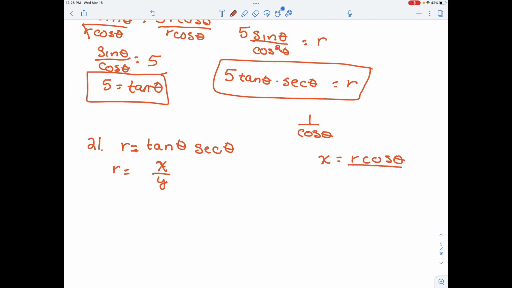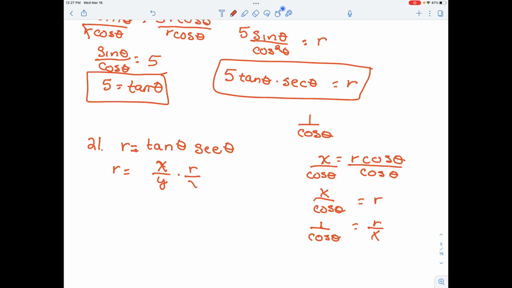So if I divide both sides by cosine, I know that x over cosine theta is equal to r, which means that 1 over cosine theta would be r over x. So I can change this secant theta, which is 1 over cosine, to r over x.